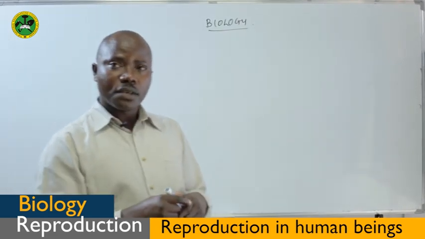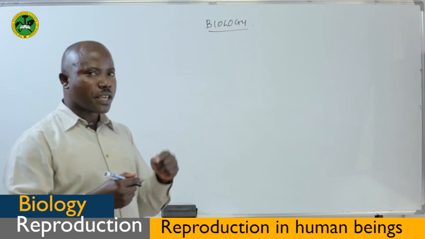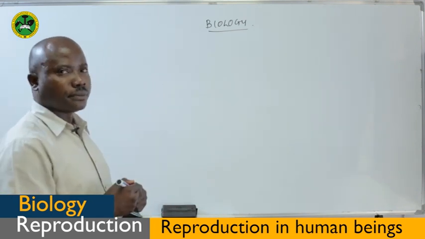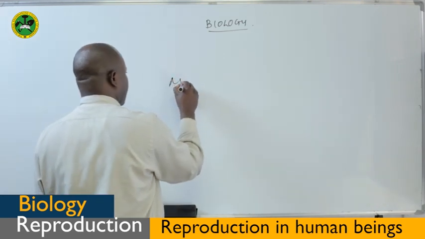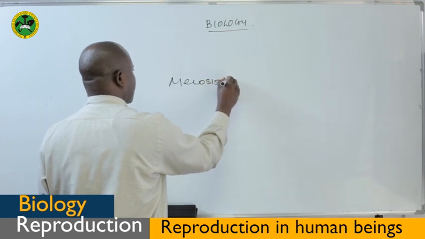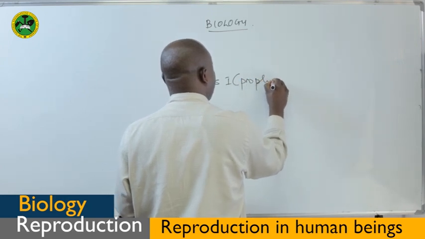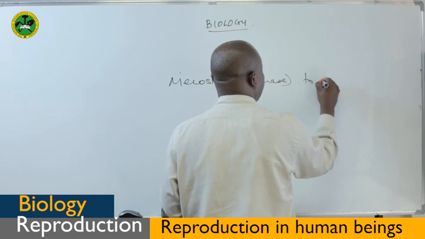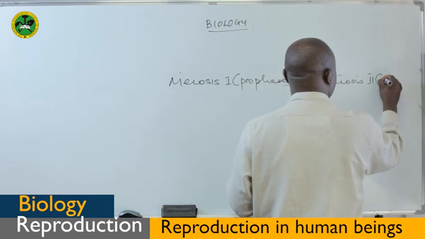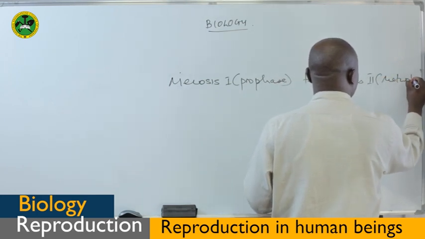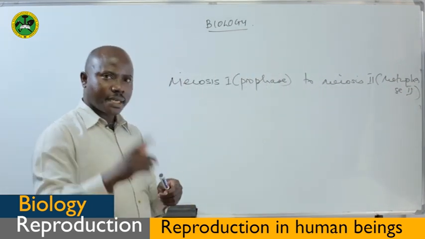Therefore, it must be known that meiosis at puberty only takes place from prophase of meiosis 1 to metaphase of meiosis 2. That marks the second phase.